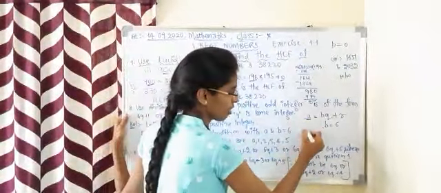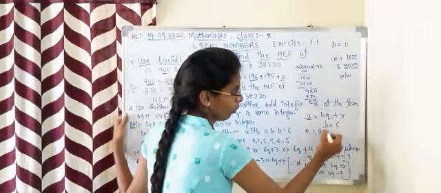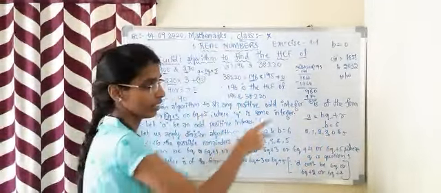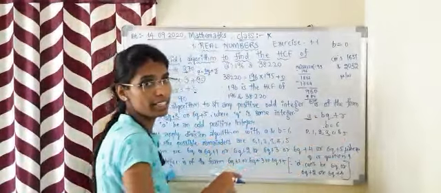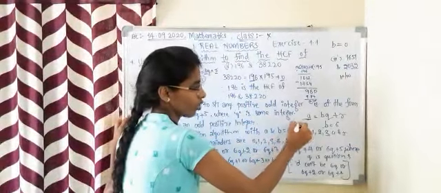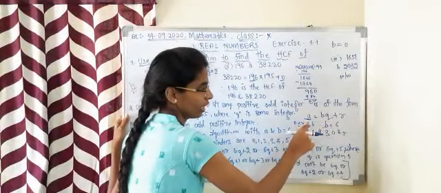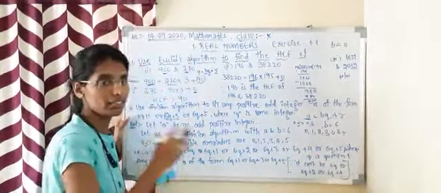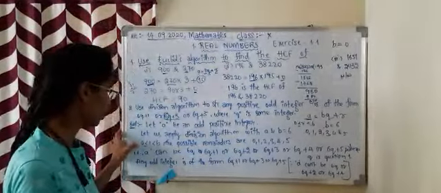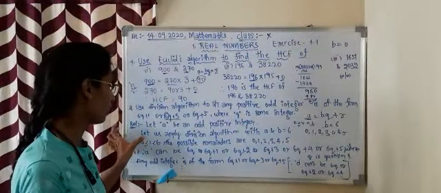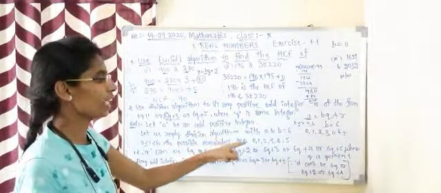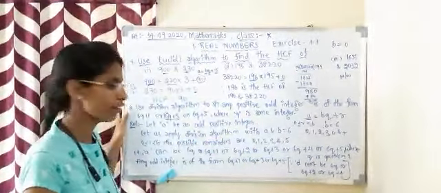Therefore, r can be 0, 1, 2, 3, 4 and 5, because r value should be less than 6. 5 is less than 6. We cannot take 6. Therefore, we have to consider it till 5. Since 0 is less than or equal to r less than 6, the possible remainders are 0, 1, 2, 3, 4 and 5.